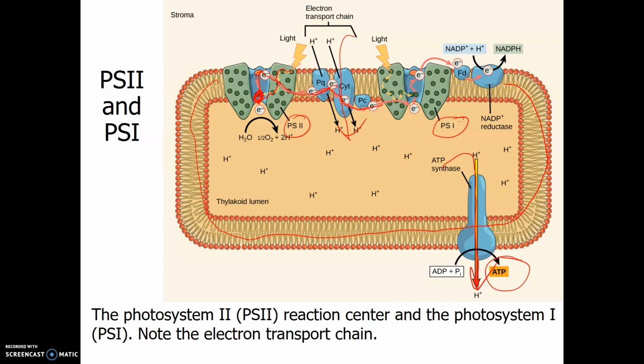But then that electron leaves the electron transport chain, and it enters photosystem 1, and sunlight excites that electron so that it bounces around the pigment molecules, and then it arrives at the chlorophyll A reaction center molecules, and then the electron carrier, and then it is passed through its own electron transport chain and is used to generate NADPH.